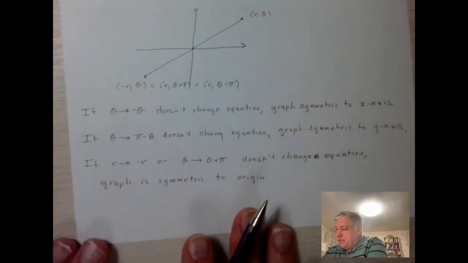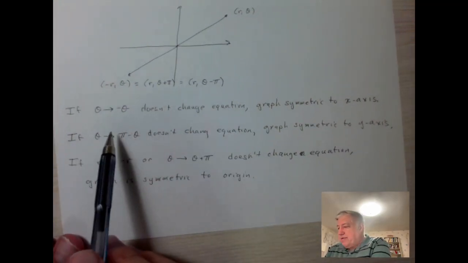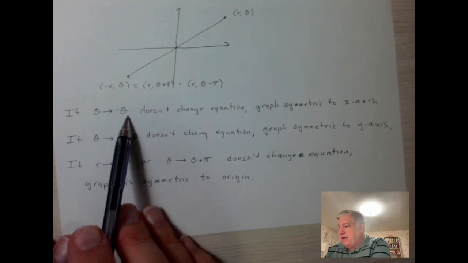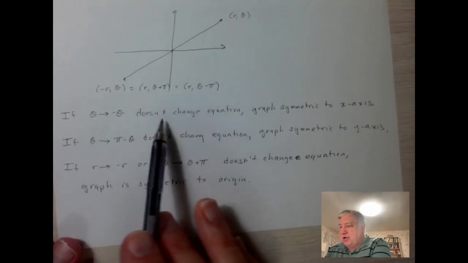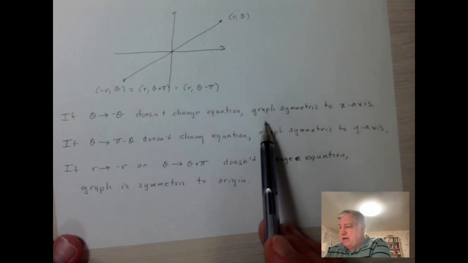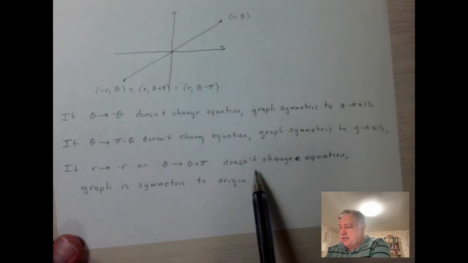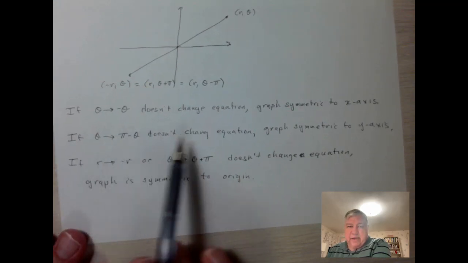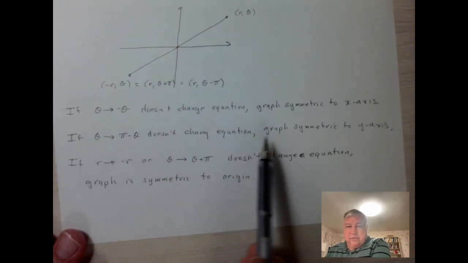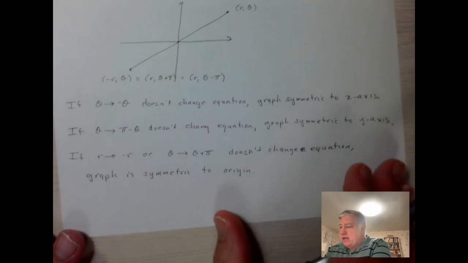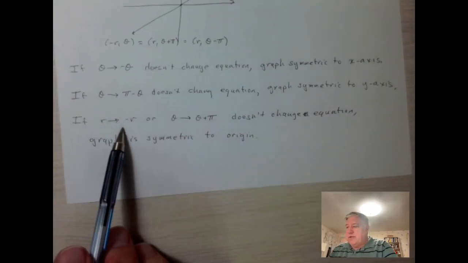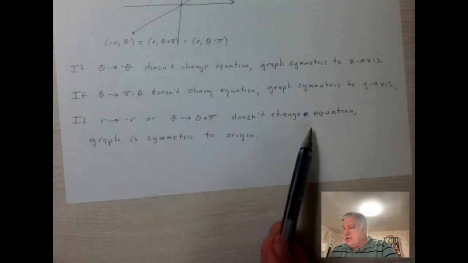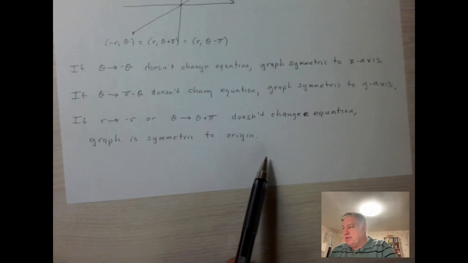So if theta is replaced with minus theta, and that substitution doesn't change the equation after you simplify it, the graph has to be symmetric to the x-axis. If theta is replaced with pi minus theta and that doesn't change it, then the graph is symmetric to the y-axis. And if r is replaced with minus r, or theta is replaced with theta plus or minus pi, and that doesn't change the equation, the graph is symmetric to the origin.